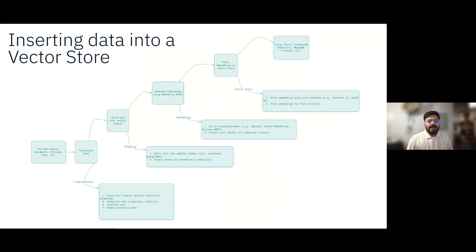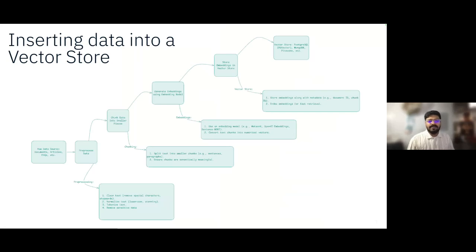And comes the embedding part. This is where we use an embedding model. We can use watsonx, we can use OpenAI, we can use any open source model that gives us embedding capabilities and converts the text chunk into a numeric representation, or vectors.